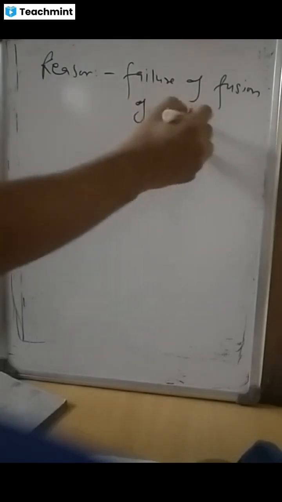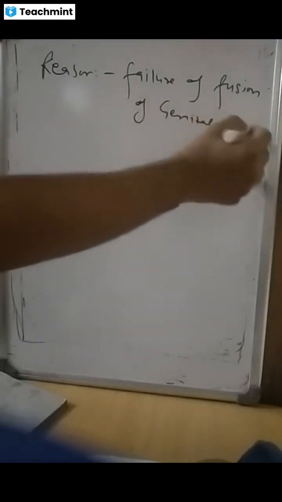So why does this ventral, below opening occur? What is the reason? The reason is failure of fusion of the genital fold.